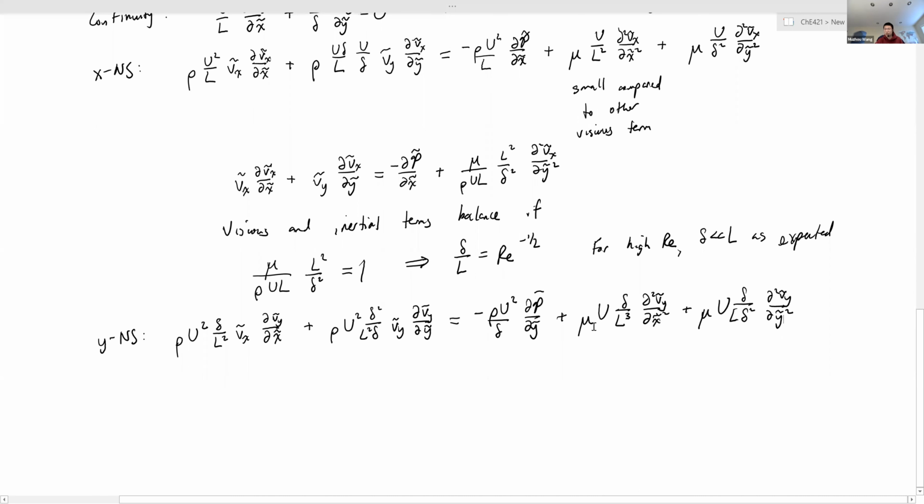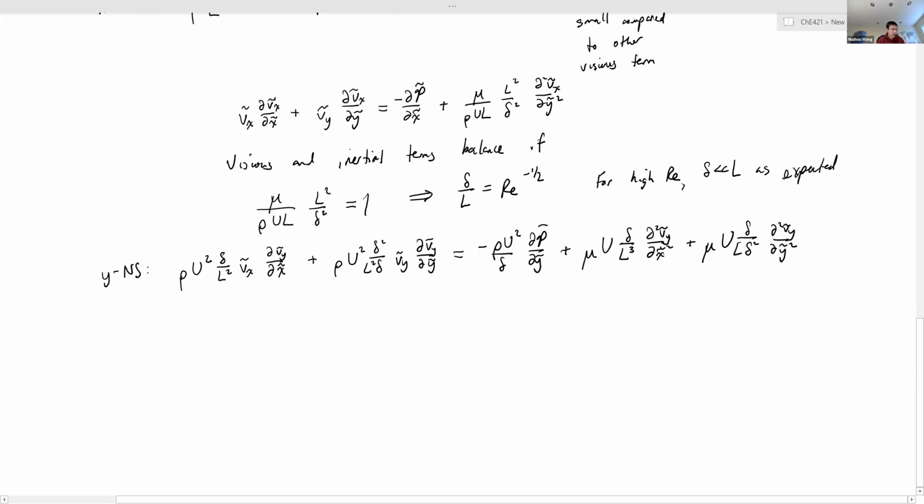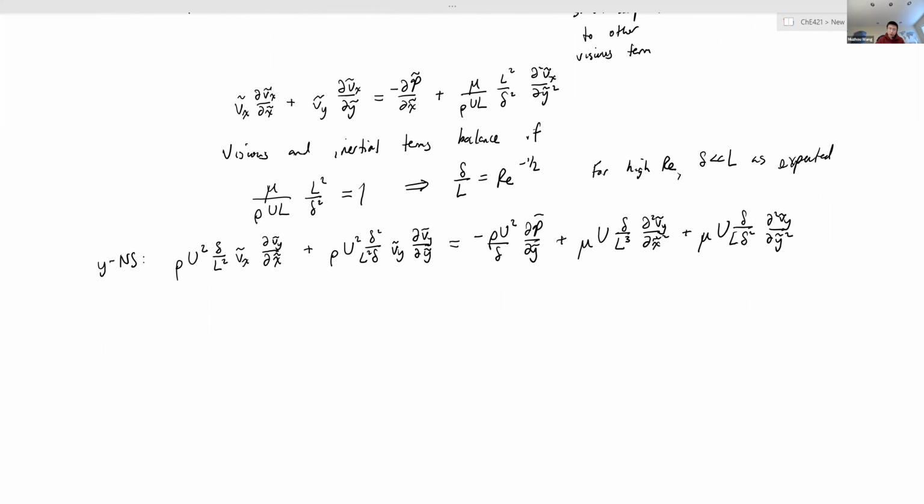Just as a very quick example, this term originally was mu times d squared Vy dx squared. Vy is U delta over L, and then there's two more additional powers of L here on the bottom, right? So it actually works out. The other terms should also work out as well, right? And so then we can group maybe a few terms together.